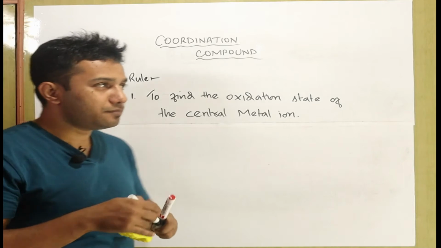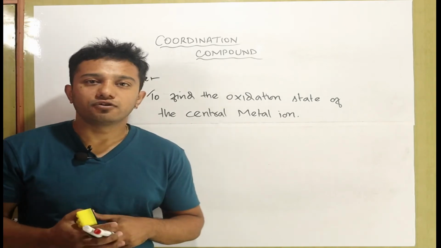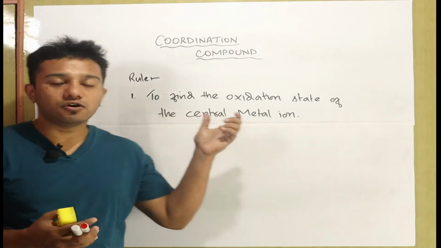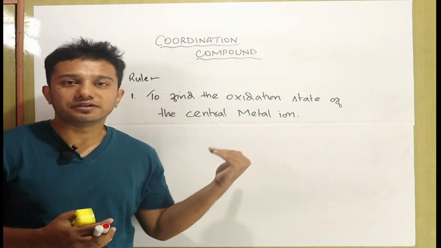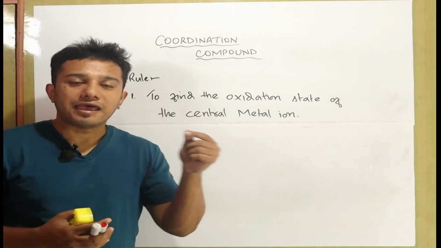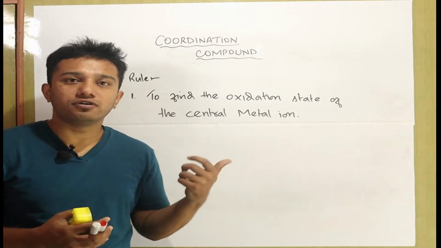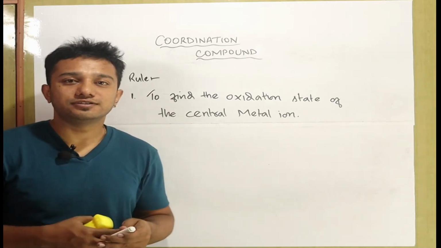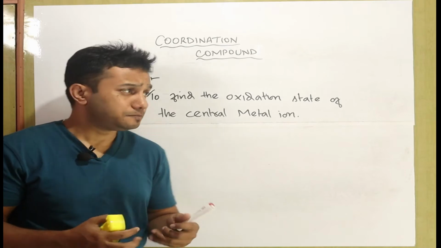In order to find it, we put X as the value for the metal ion, and then we find the oxidation state of the metal ion.